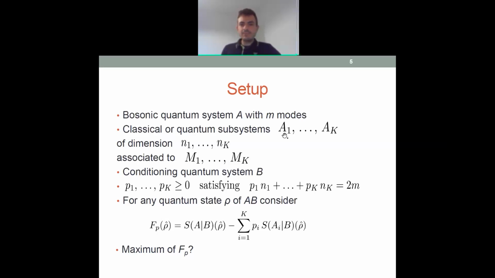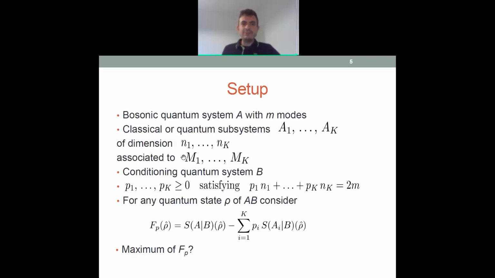And moreover, each of these subsystems can be either classical or quantum. They can be all quantum subsystems, they can be all classical, or some Ai can be classical and some other Aj can be quantum. Then we call N1 up to Nk the dimensions of the subsystems, where I remind you that I defined the dimension of a bosonic subsystem as the number of quadratures that build this subsystem.